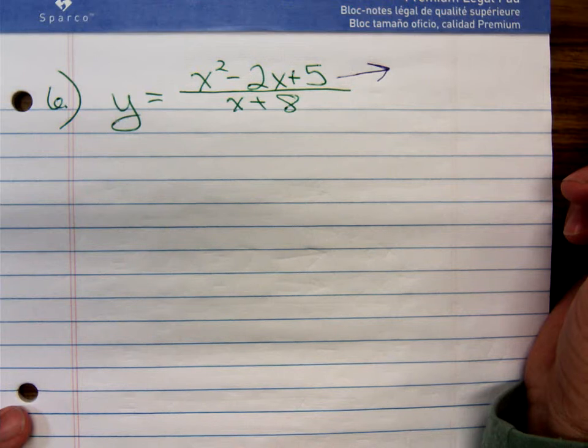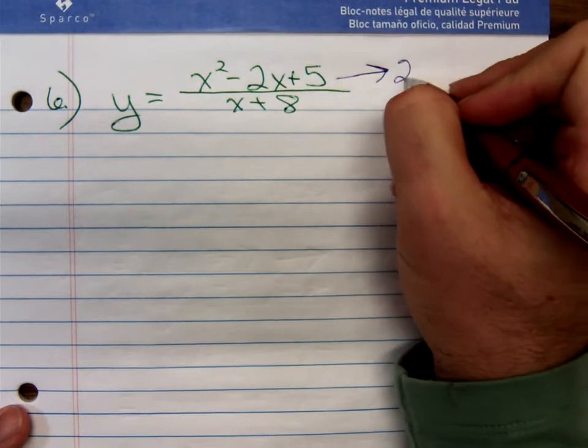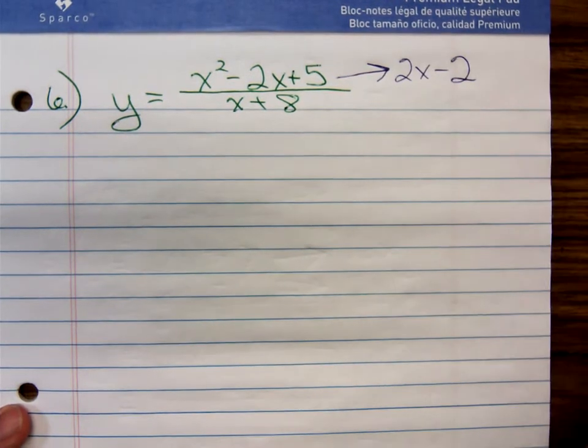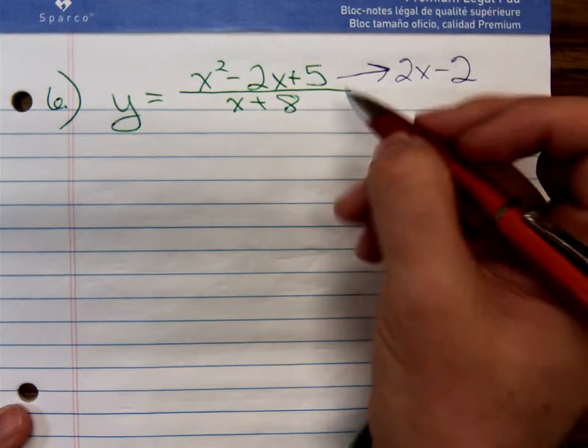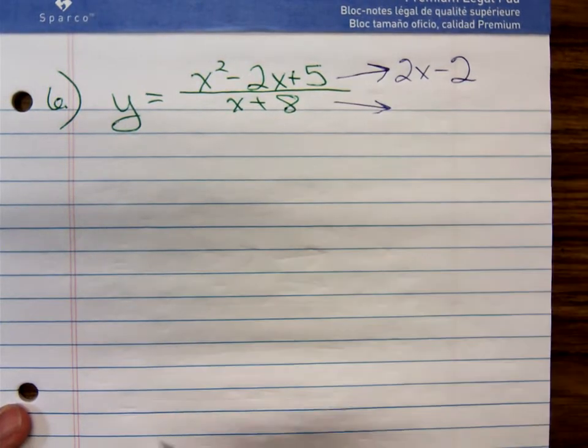(2x minus 2), okay. What's the derivative of x plus 8? We need the derivative of the denominator. 1.